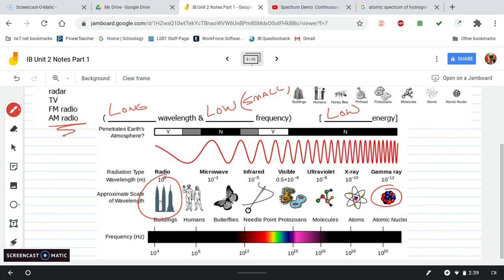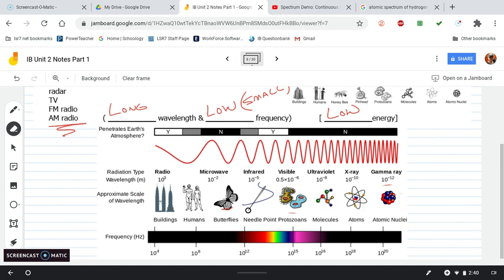Things that have really small wavelengths are the size of atoms, molecules, amoeba, protozoans, needles. So you can see that now we're getting bigger and bigger. And as the wavelength gets bigger, the energy associated with it is not as dangerous.